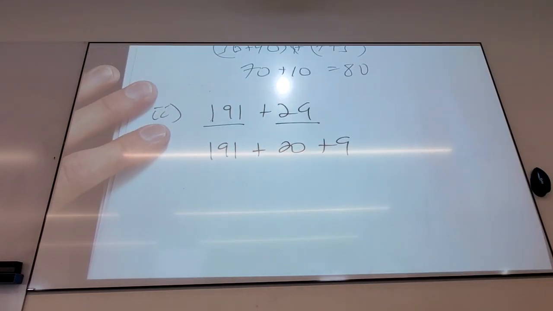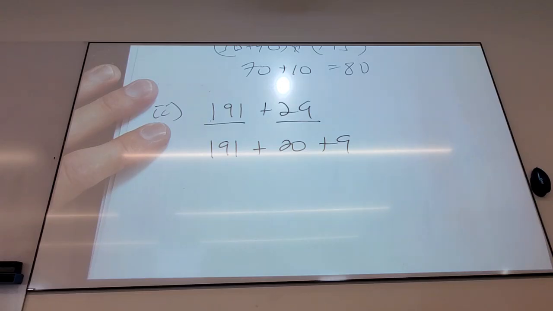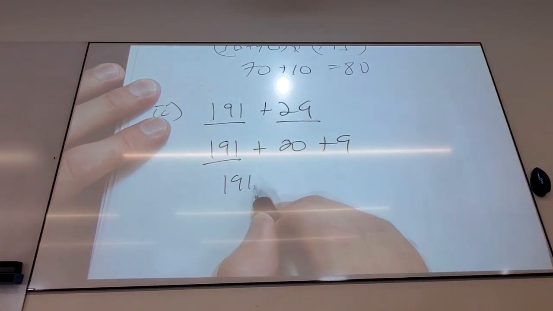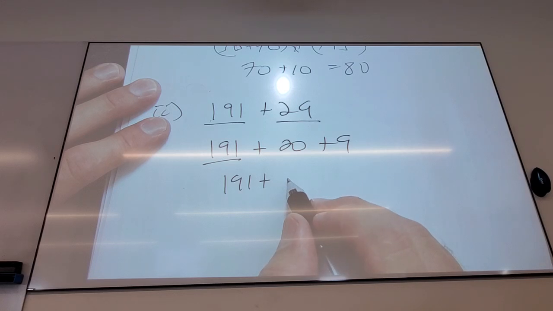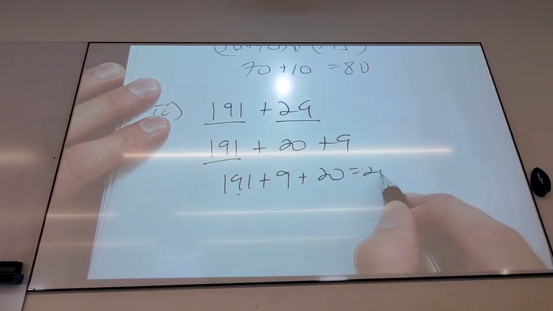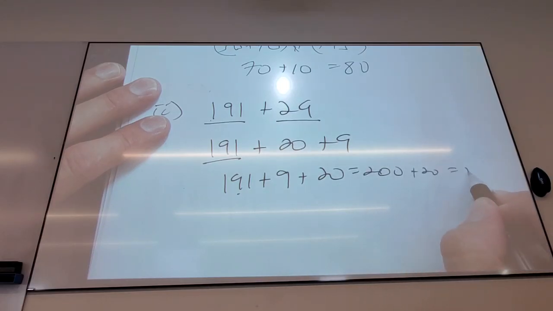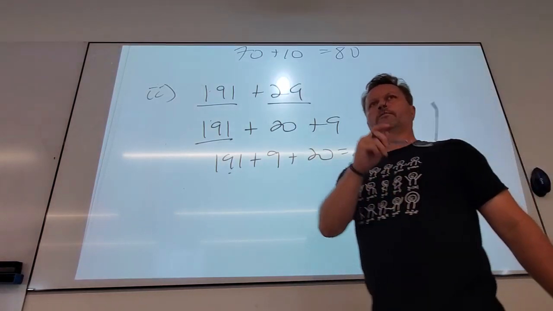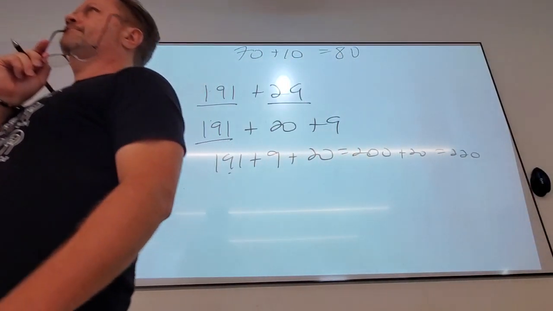Is that cool? And of course, what goes well with this one? The 9. Because what's 191 plus 9? 200 plus 20. 220. Yeah. Again, these are all little things you should be using yourself, yeah? Okay.